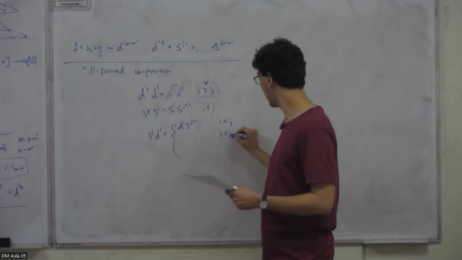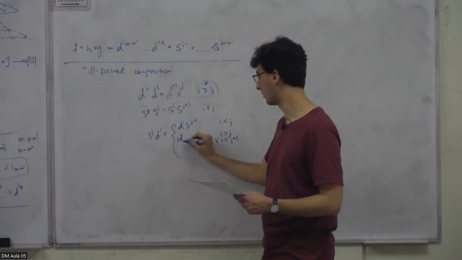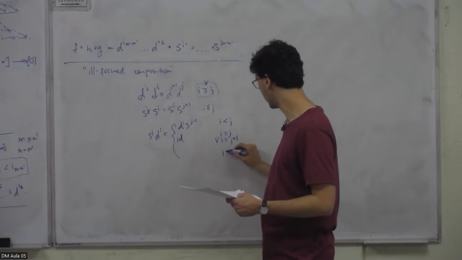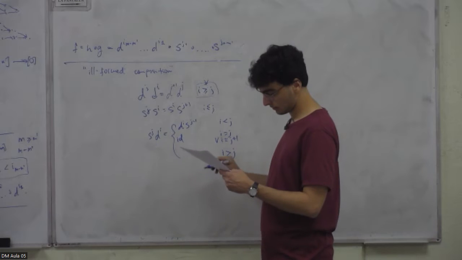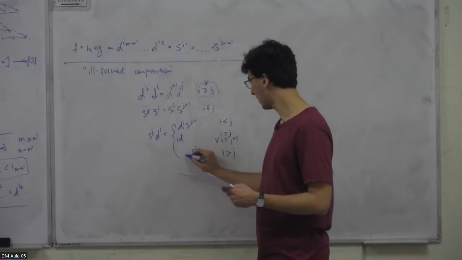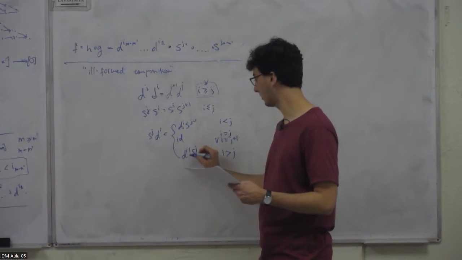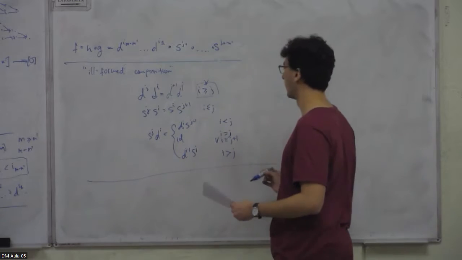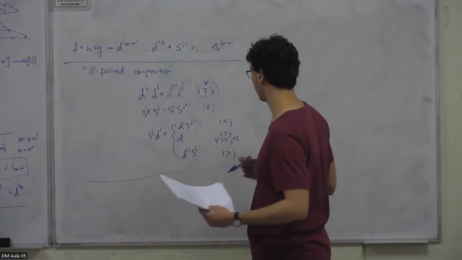If i equals j or i equals j plus 1, you get the identity of wherever you are. And if i is strictly greater than j, then you get s_j composed with the others. These are all routine verifications, which I leave to the listener or to your act of faith in me.